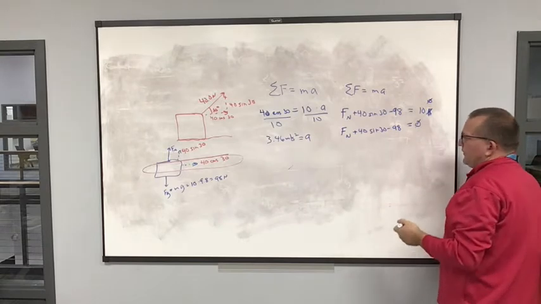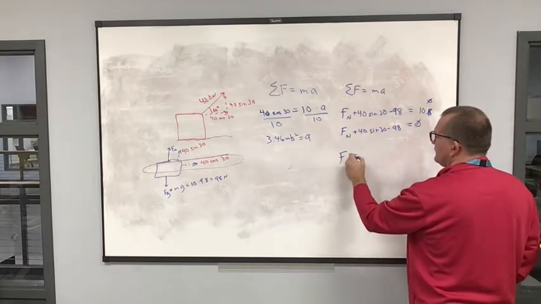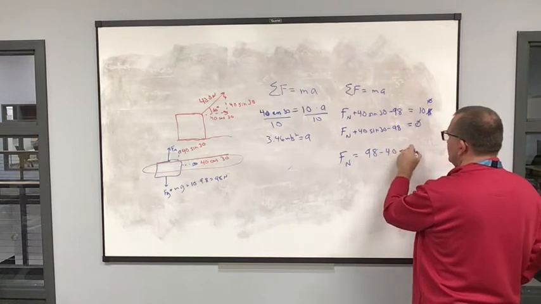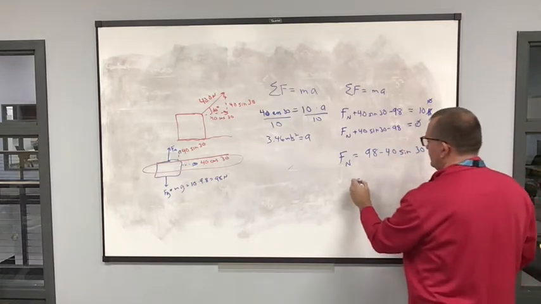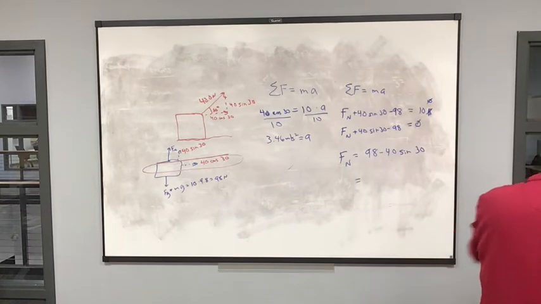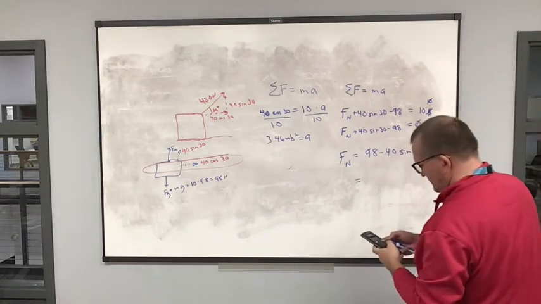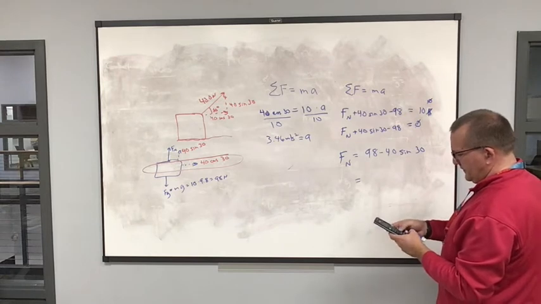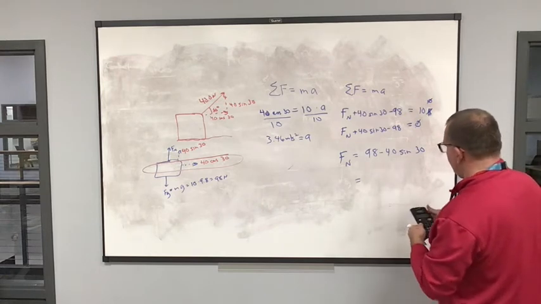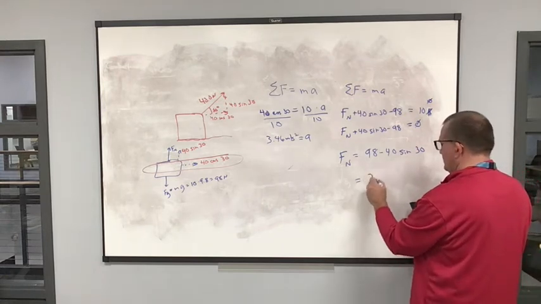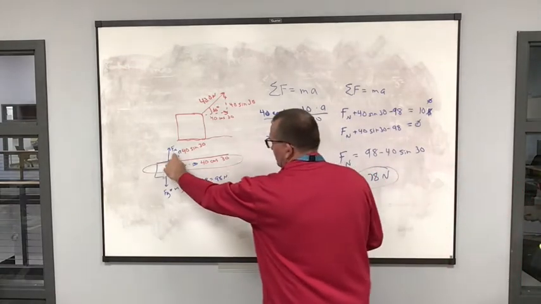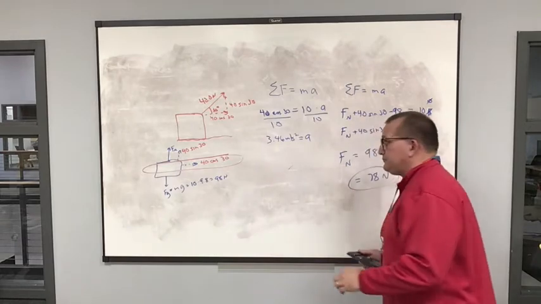I can solve for Fn, which is equal to 98 minus 40 sine of 30. So then I just do my math, 98 minus 40 sine 30, and I get 78 newtons. So the new normal force, or the normal force while I'm pulling, is 78 newtons.